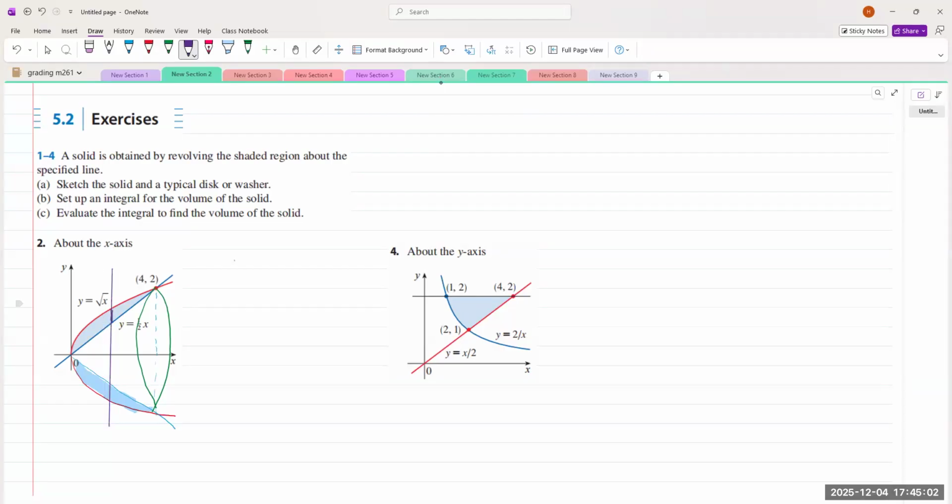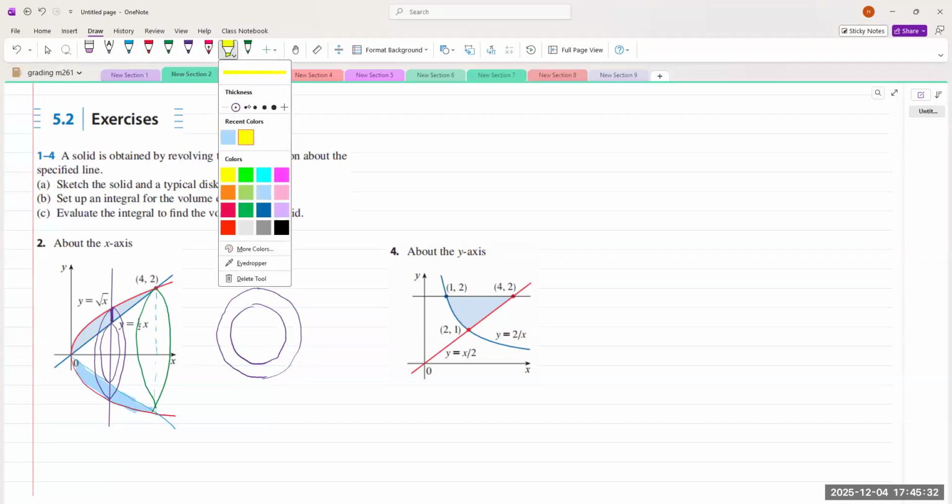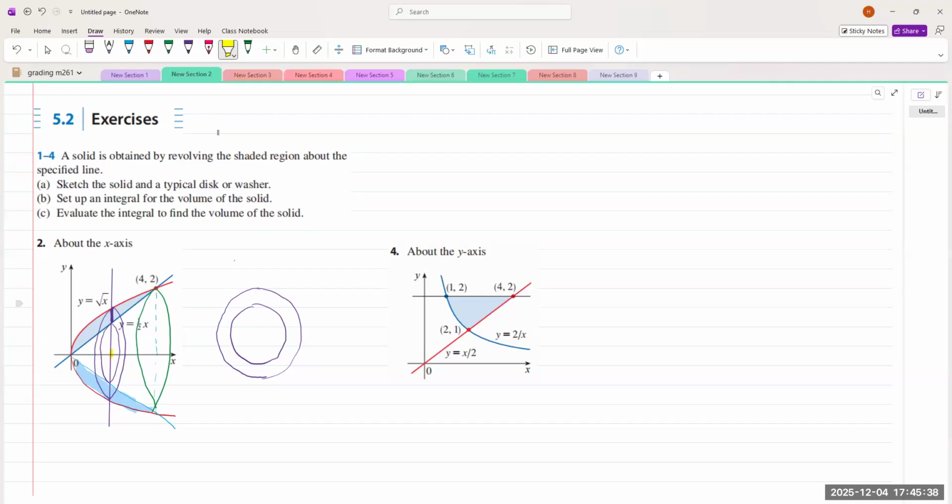Now this typical line here, when we rotate that with respect to the axis of rotation, I hope you can see that we have a ring approximately, right? A ring. Now that ring has an outer radius. The outer radius of that ring is from that axis of rotation to square root of x. You see, right? That's the outer ring.